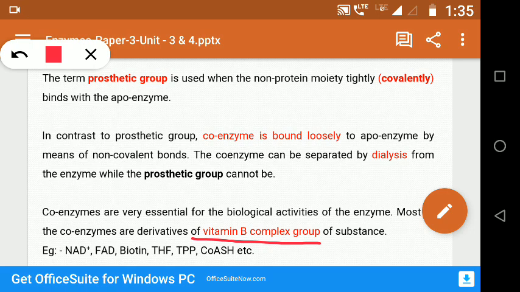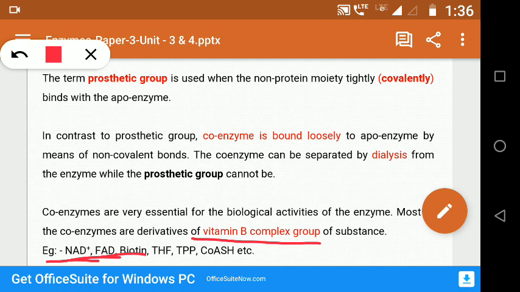For example, NAD means nicotinamide adenine dinucleotide, so it comes from niacin. FAD comes from riboflavin, a B complex vitamin.